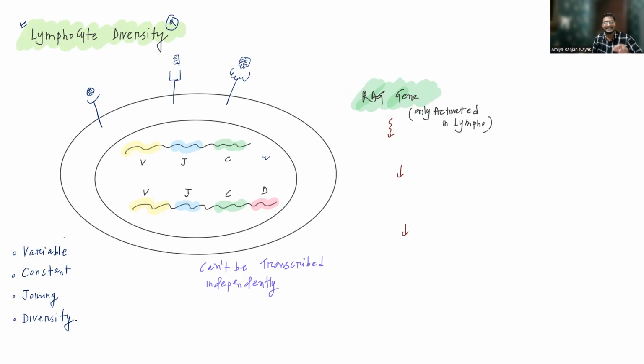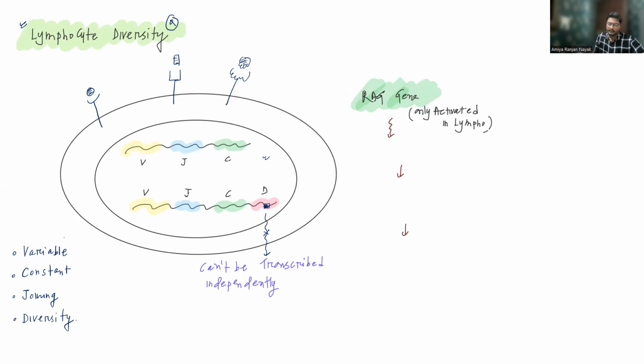That means a small DNA segment inside this gene cluster of the lymphocyte receptor cannot be transcribed independently. That means this DNA segment cannot be expressed. This gene cannot be expressed.